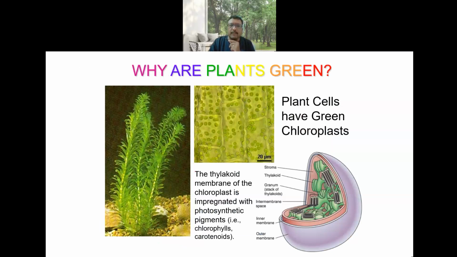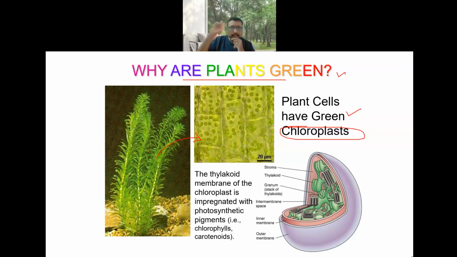So, why are plants green? Plants are normally green in color. Why? Because if you see the plant cell, it consists of a number of green-colored cell organelles known as chloroplasts. Chloroplasts are green in color because of the presence of a color pigment called chlorophyll.